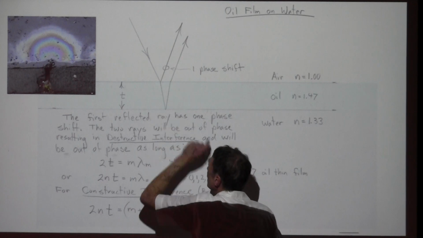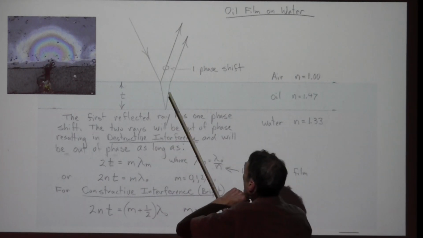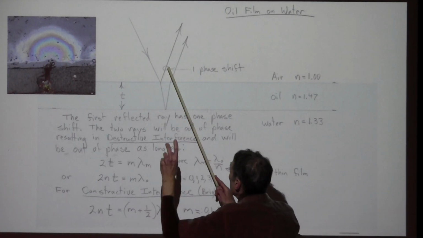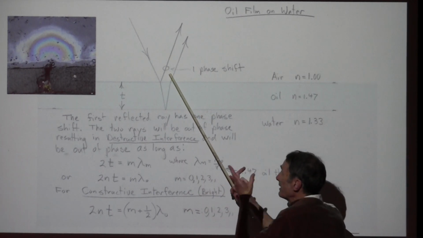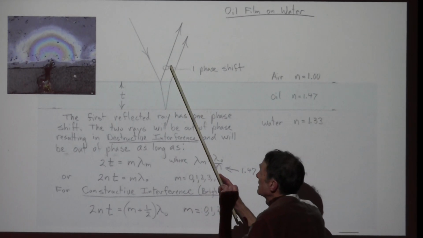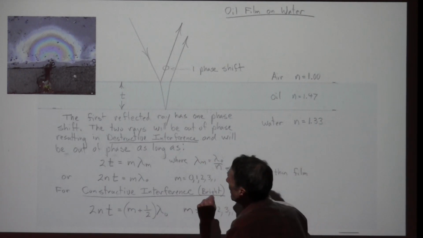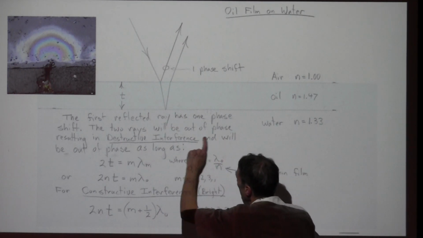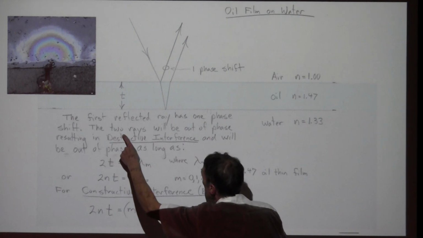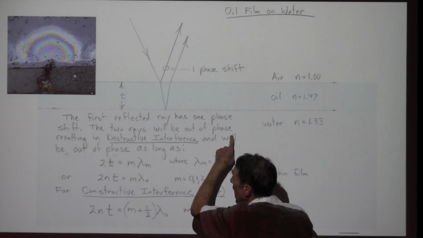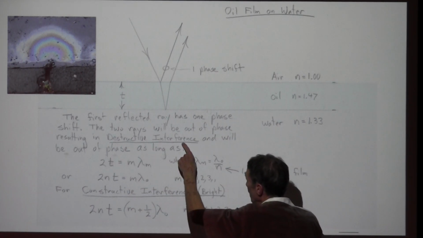And just look at these phase shifts. Now, the fact that this is phase shifted between these two, that's going to knock them out of phase. This indicates destructive interference. So again, the first reflected ray has one phase shift. Two rays will be out of phase, resulting in destructive interference.